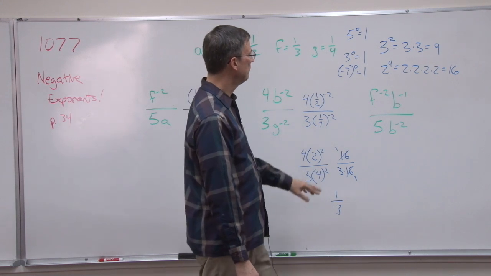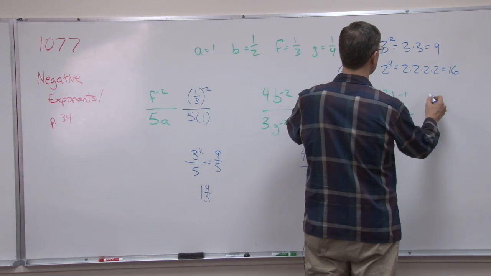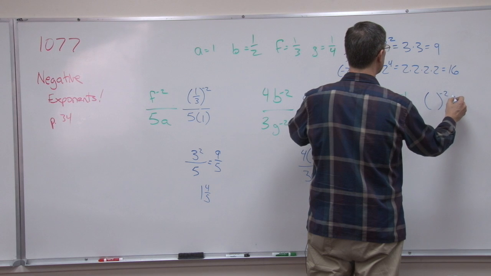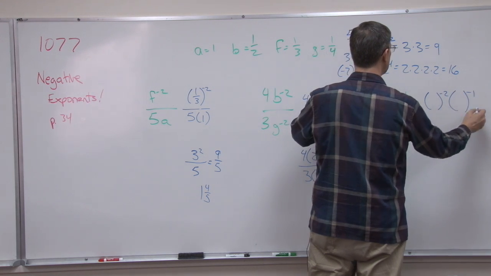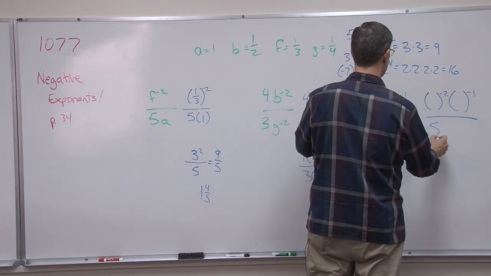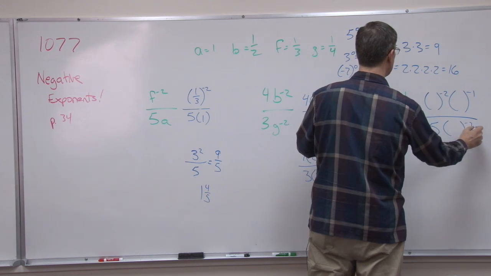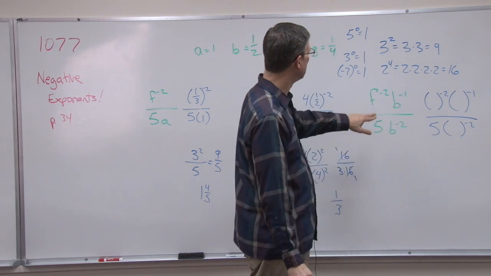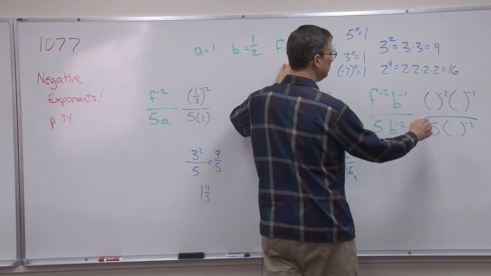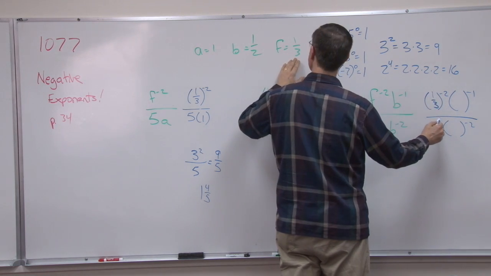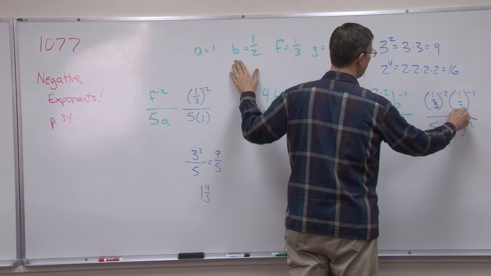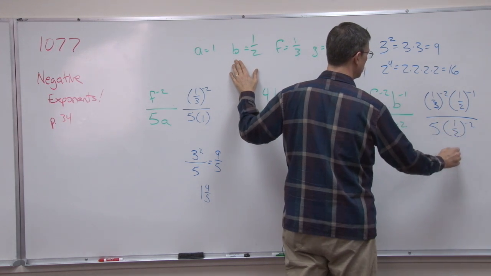Let's do this last one. Stay with me here. F, so put that in parentheses to the -2nd. Raise this to the -1. 5, put parentheses to the -2nd. All right, let's see. F is 1/3. B is 1/2. And we'll do that down here as well.